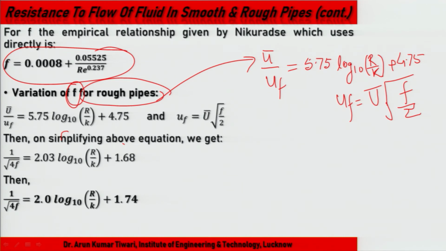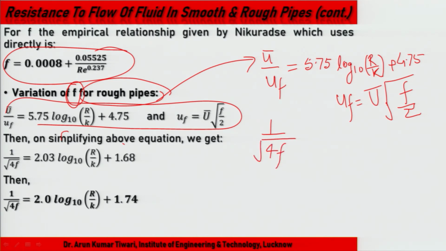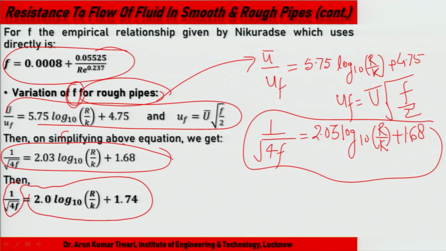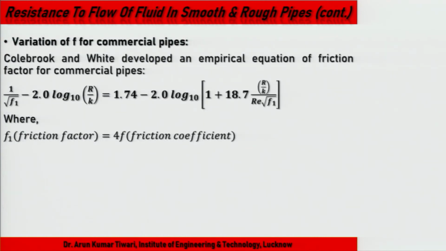By simplifying this 2, we again get it in terms of 4f, and after simplifying we get 1 upon root 4f equals 2 log 10 R upon K plus this value.